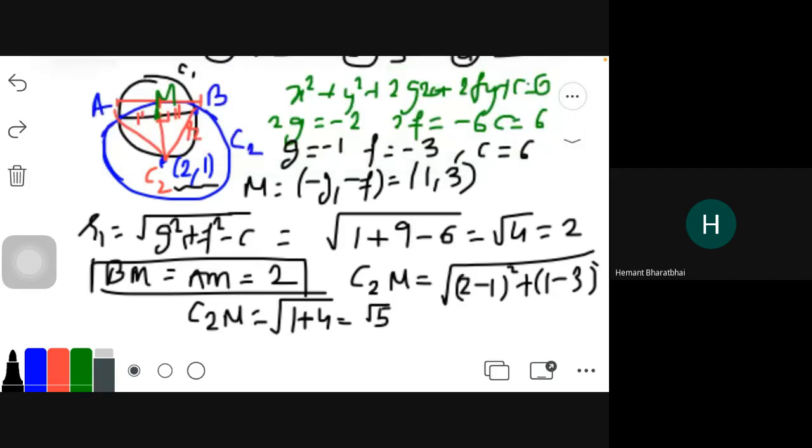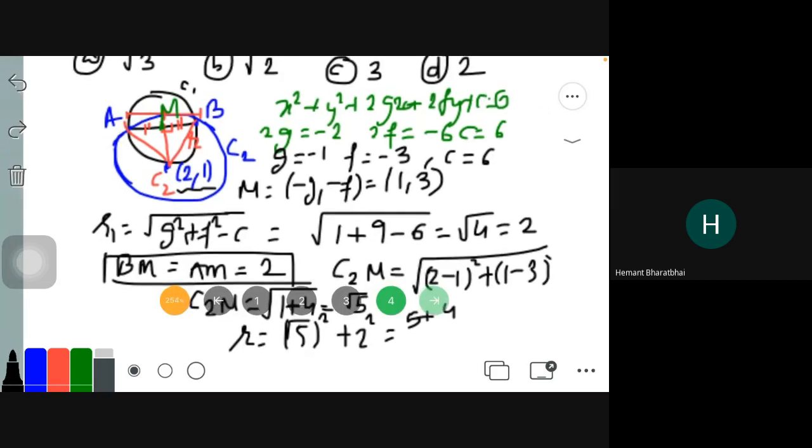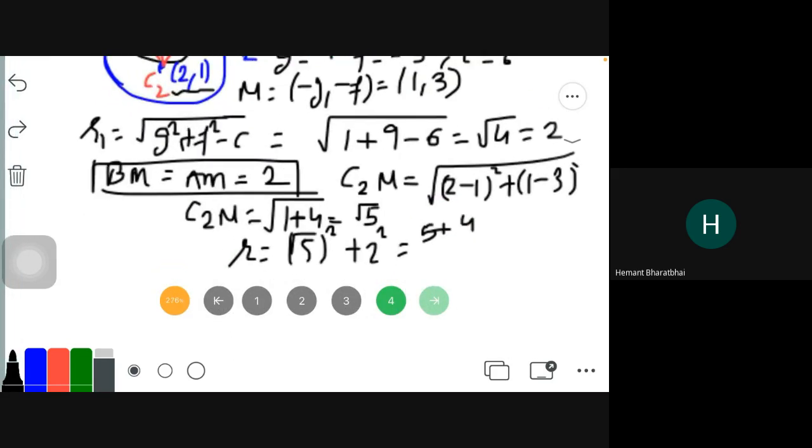So C2B by Pythagoras theorem, which I can write as R, will be root 5 the whole square plus BM square. BM is how much? 2. So 2 square, that will be 5 plus 4. Root 5 the whole square gives me 5.